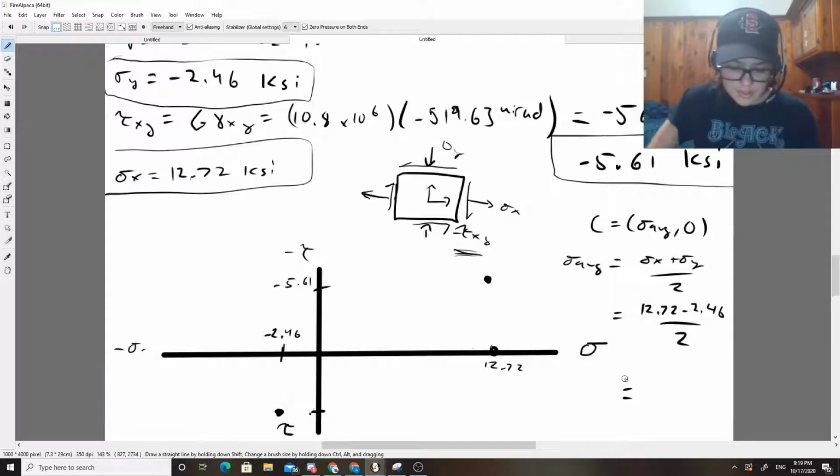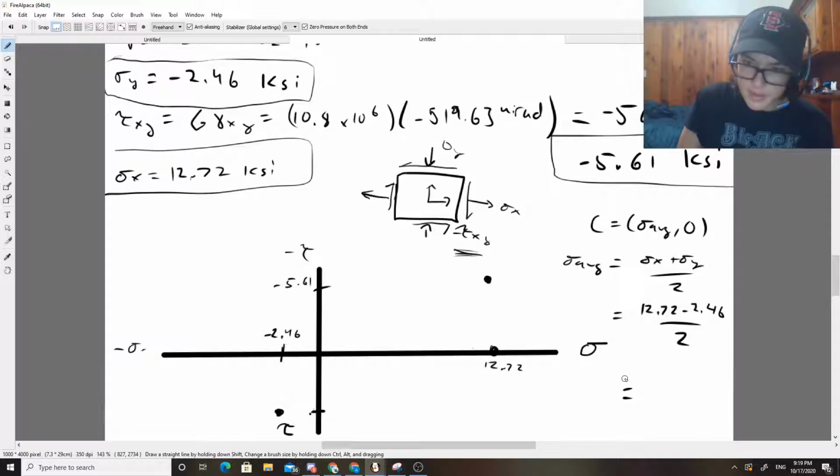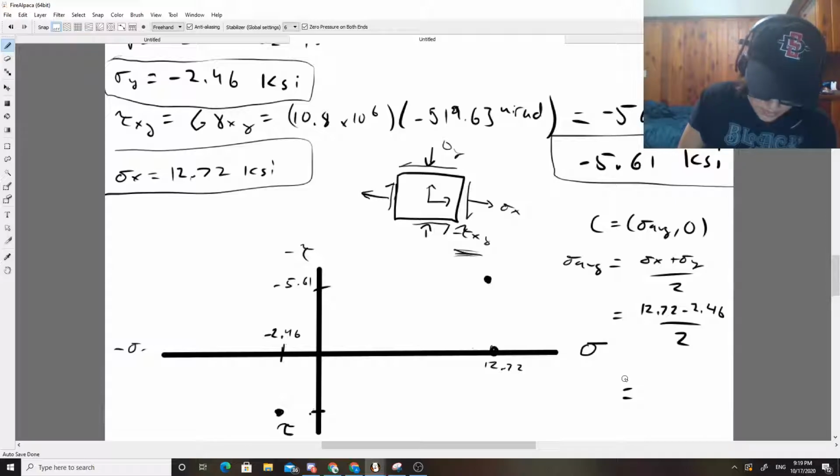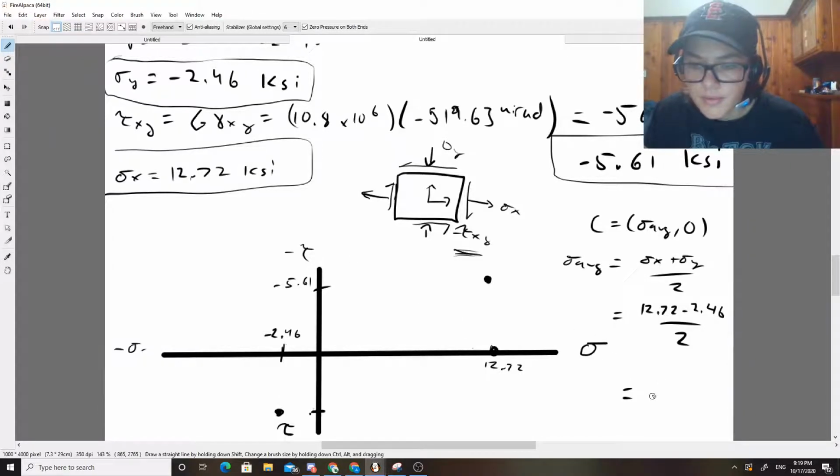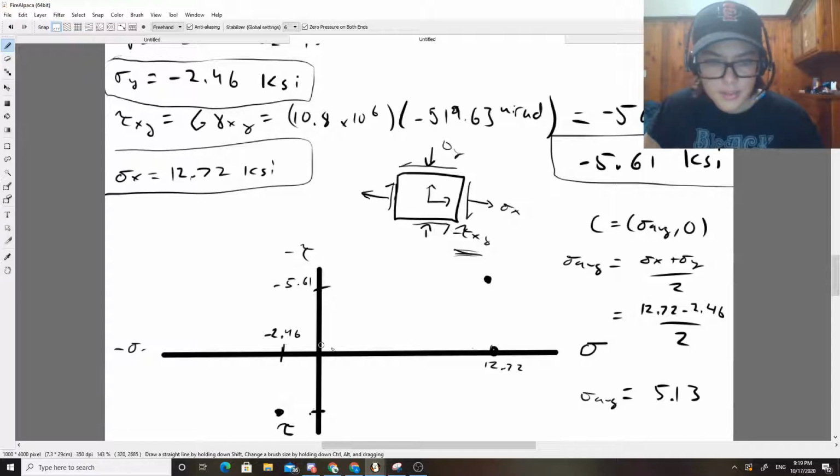I'll plug that into the calculator. That's going to give us a stress average of 5.13. And we'll say that's our center.